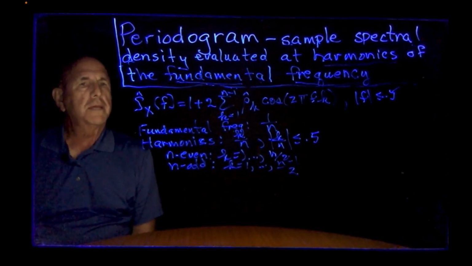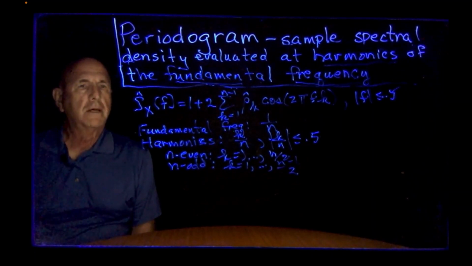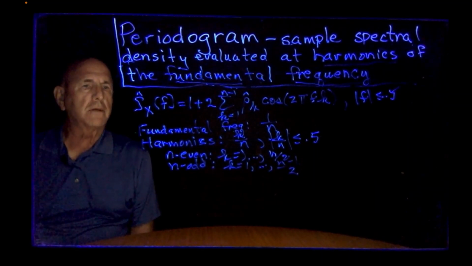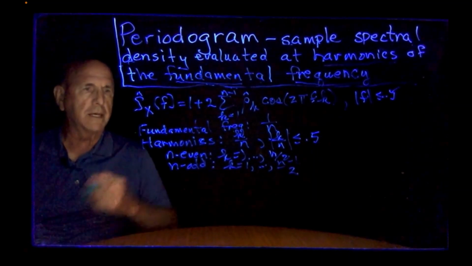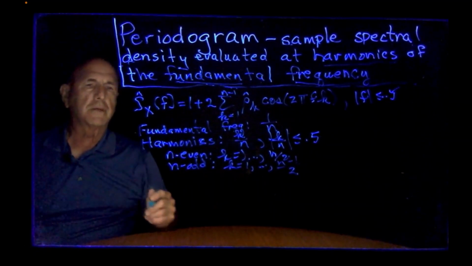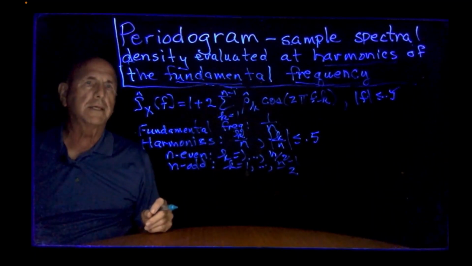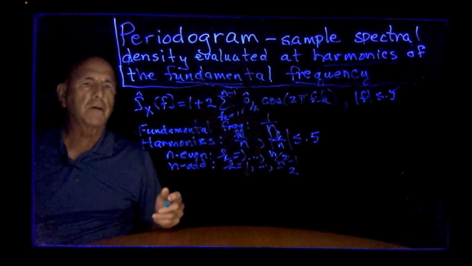So we see that the spectral density technically is defined at every frequency between 0 and 0.5, whereas the periodogram is only defined at the harmonics of the fundamental frequency, these finite number of points. So when we plot the spectral density, we plot a smooth curve, but when we plot the periodogram, we plot vertical bars.